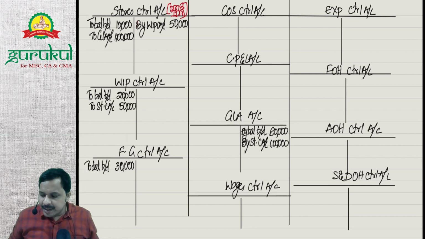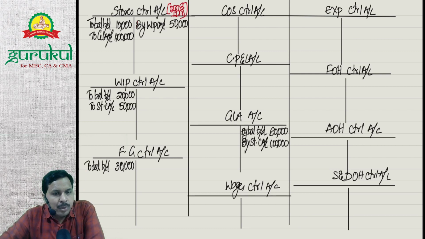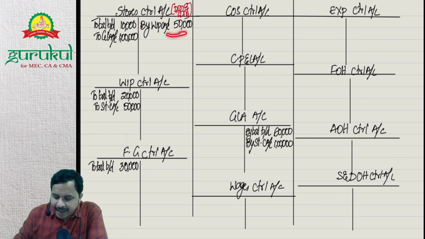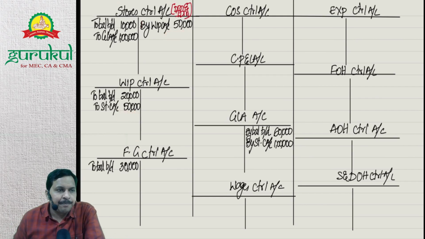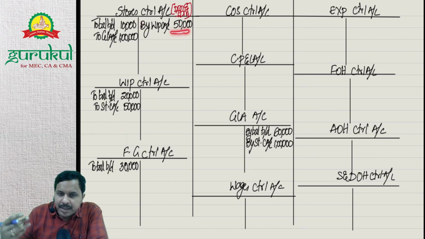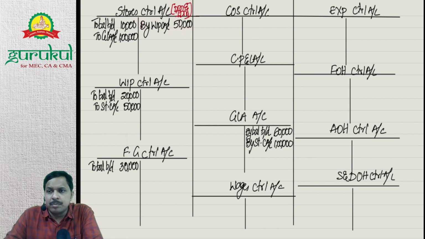Now finally, what is the entry? Work in progress control account debit to stores control account. First, for understanding, I'm writing credit, and next I'm writing debit, because we can understand it better. Okay. So 50,000 is direct material that has been issued to production. We have transferred it into work in progress.